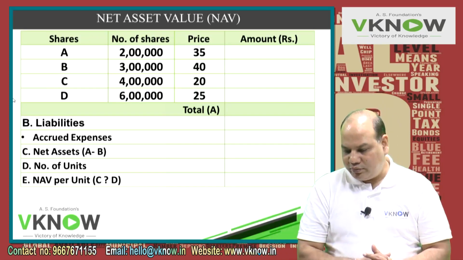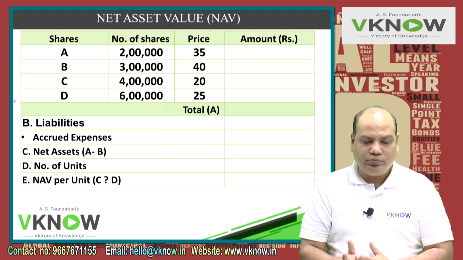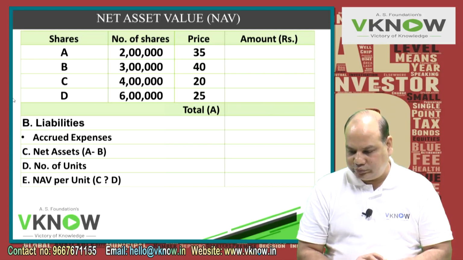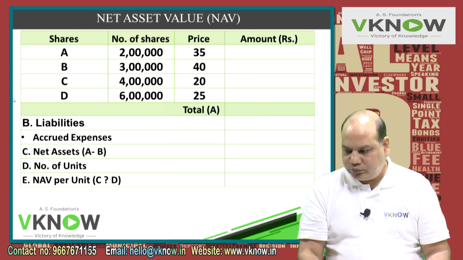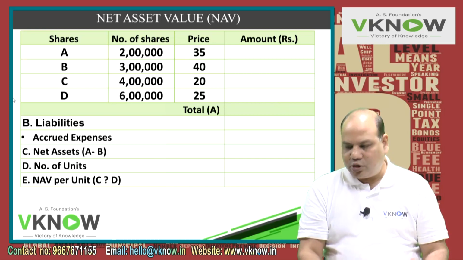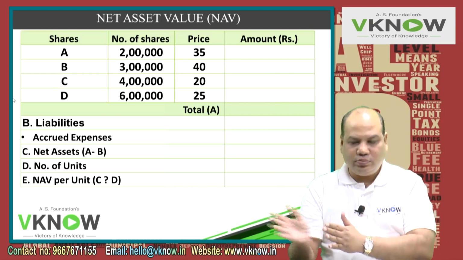Write down the heading, calculation of net asset value. Under that write down first point number A, assets. Same format, serial number, particular amount.